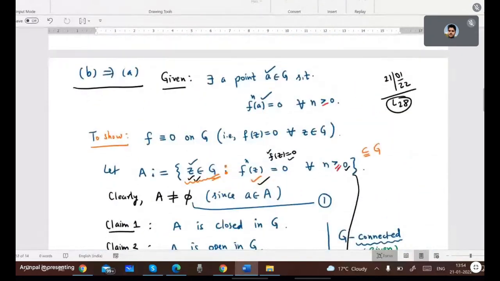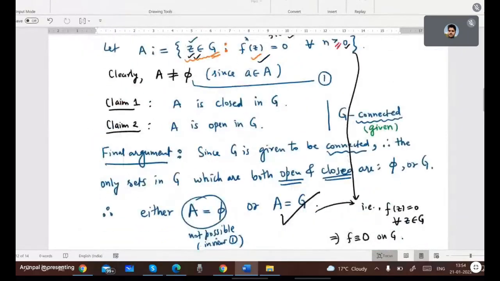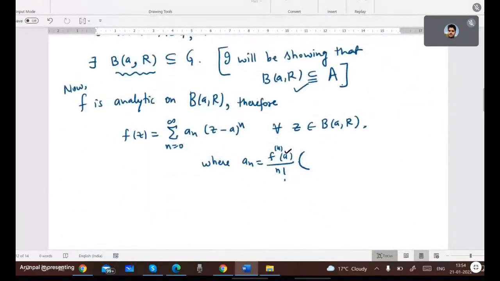So all these f^(n)(a) are 0, by the given fact. And class, if all the coefficients are 0, then this means what? It means F(z) is 0 for z in B(a, r). Is this okay?